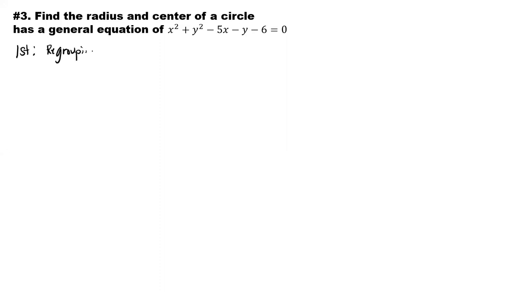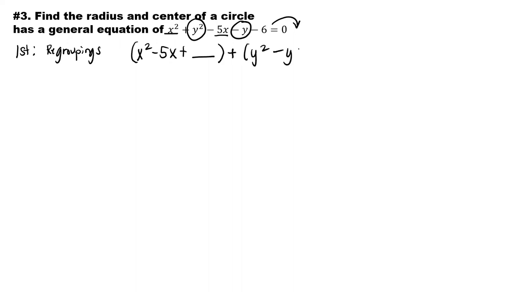Pagsasamahin po natin yung magkakasamang x, then yung mga y. And itatranspose ulit din natin yung 6. So, ganito po siya isulat. So, magiging x squared minus 5x plus blank, then plus y squared minus y plus blank is equal to 6.